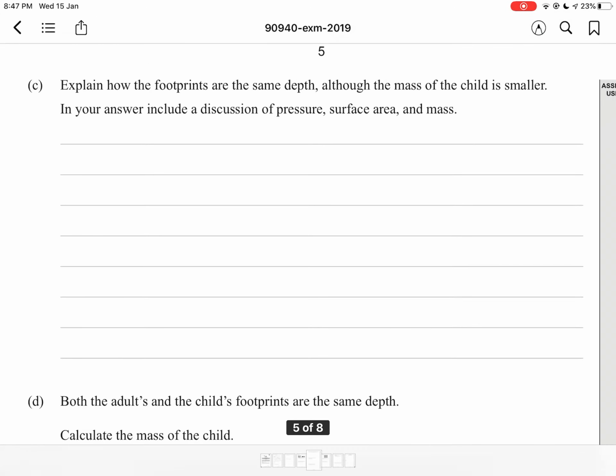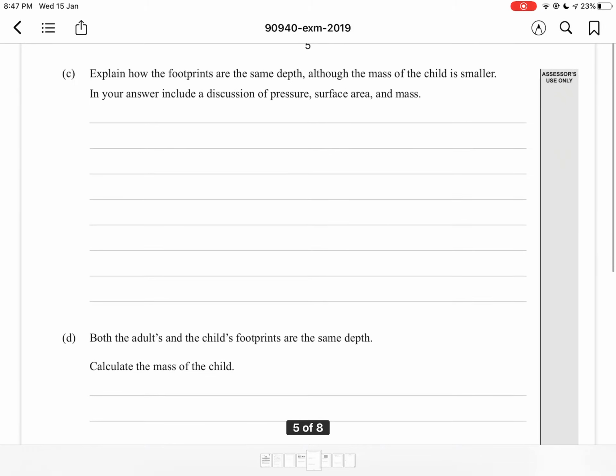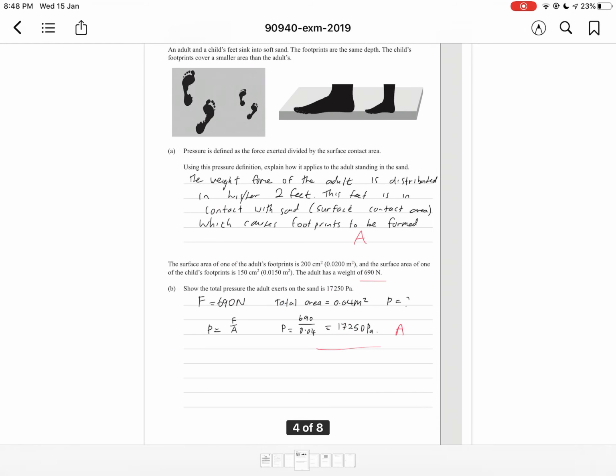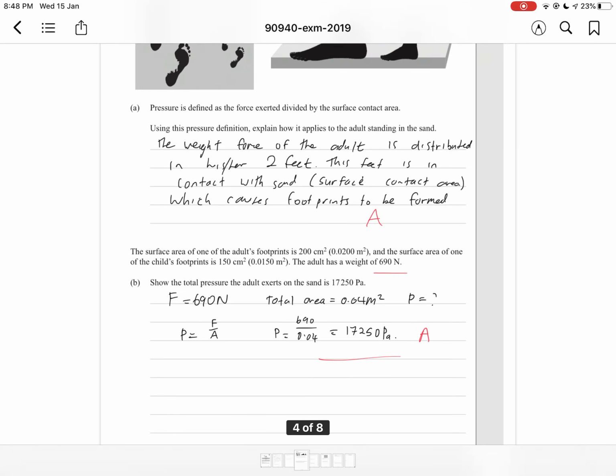Question C, explain how the footprints are the same depth, although the mass of the child is smaller. In your answer, include a discussion of pressure, surface area, and mass. The mass of the child is smaller, but another thing to keep in consideration is that his or her feet are also smaller, which means that the total surface area in contact with the ground is also smaller.